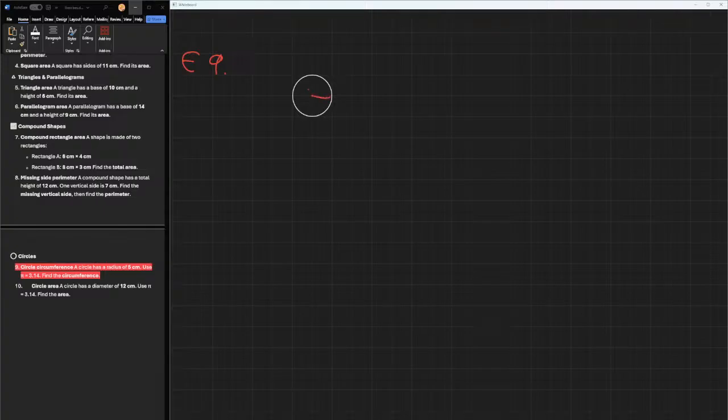So the radius is 5 centimeter. Find the circumference. So pi times the diameter, if I am correct. So the diameter is 10. So 3.14 times 10.